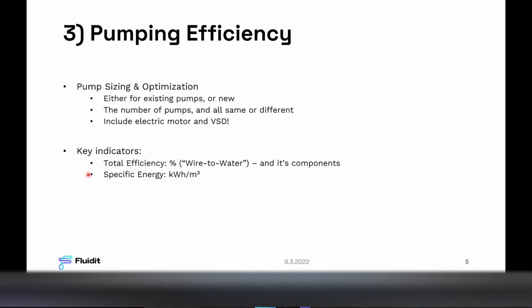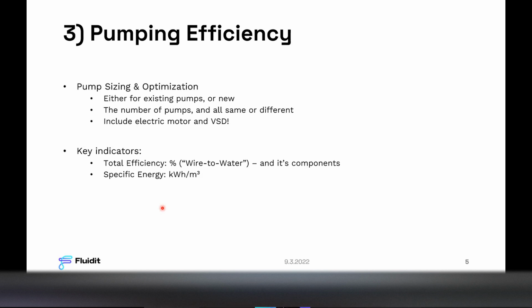And then at the same time, it's worth remembering, in the end, we are minimizing specific energy per cubic meter of water. So even though efficiency is a very useful parameter to follow, in the end, it's not what we want to maximize. We want to minimize specific energy.